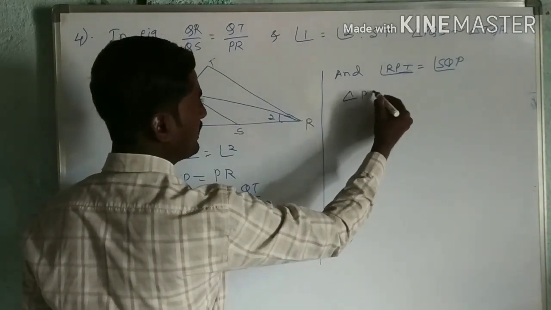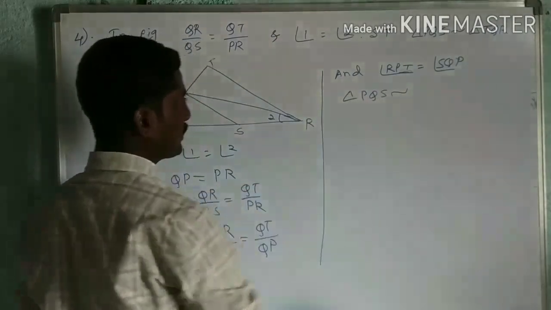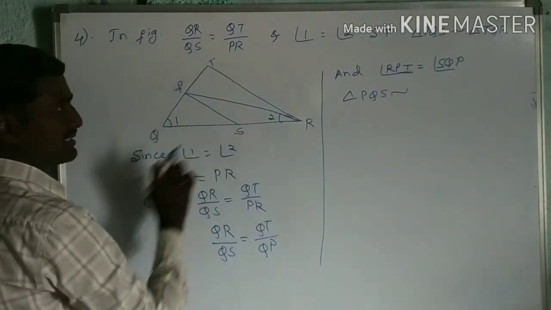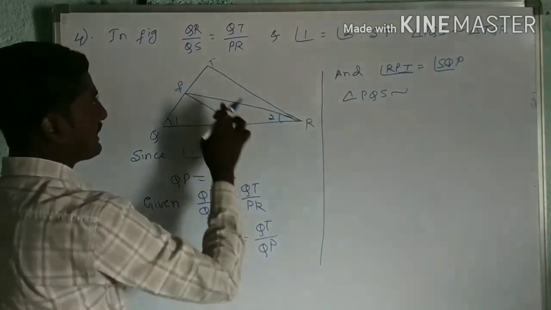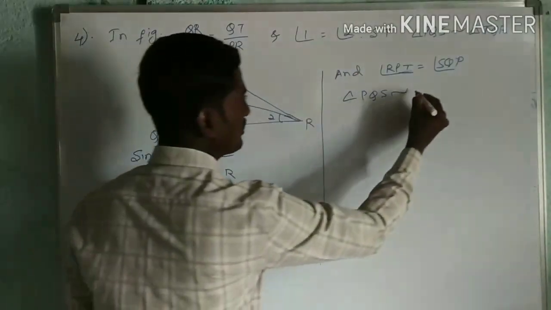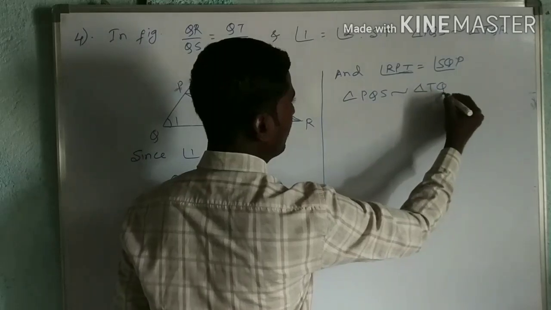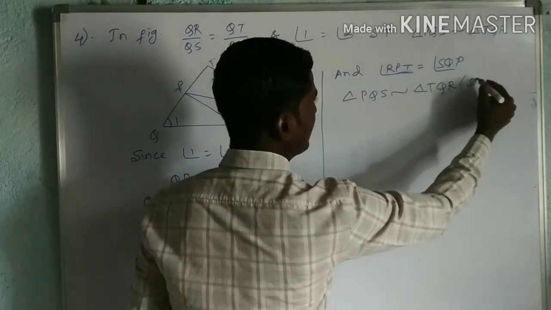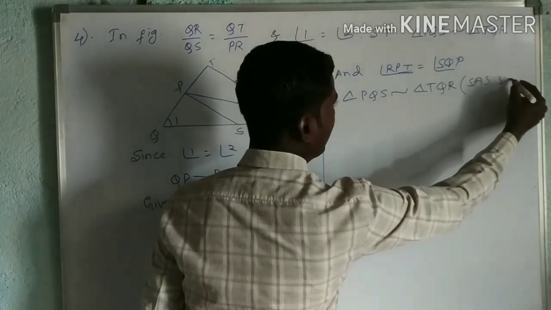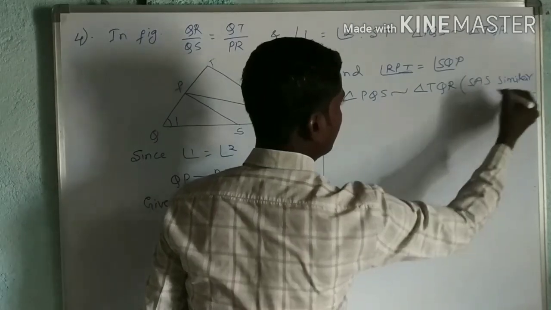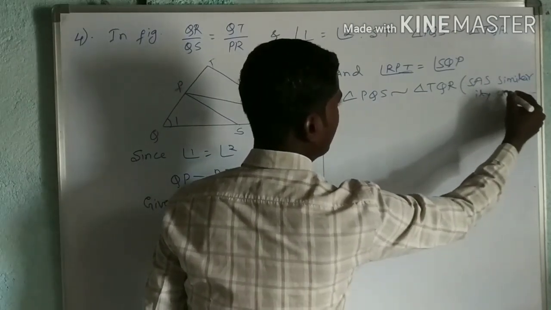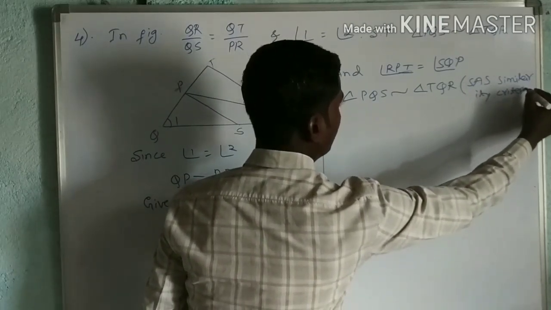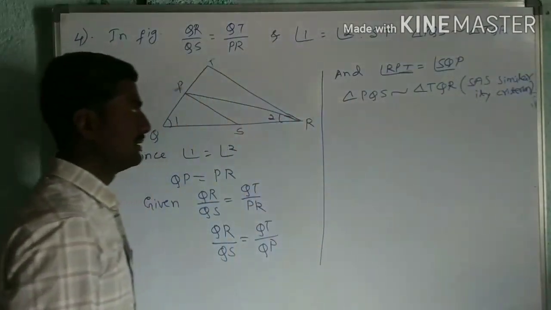Triangle PQS is similar to triangle TQR, because of the SAS similarity criterion. So this is the reason I must write it.